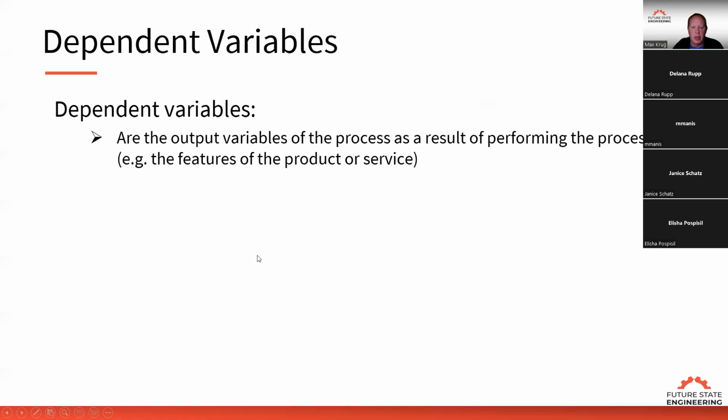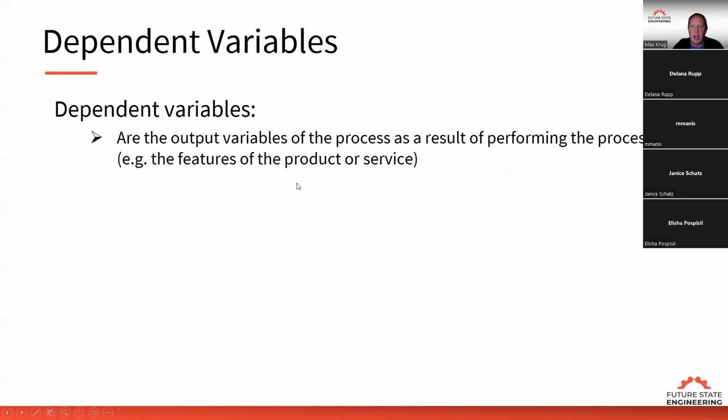So what are dependent variables? These are the output variables of the process as a result of performing the process. It's the features of the product or service. Like if I go to buy a new car, I'm looking at the mileage the car gets, what's the warranty on the car, right? Those are dependent variables.